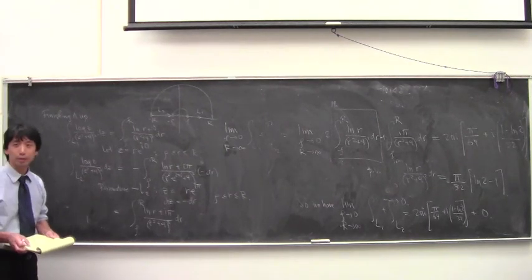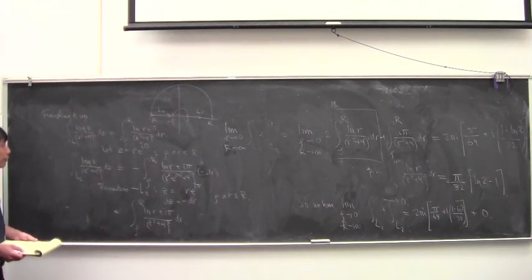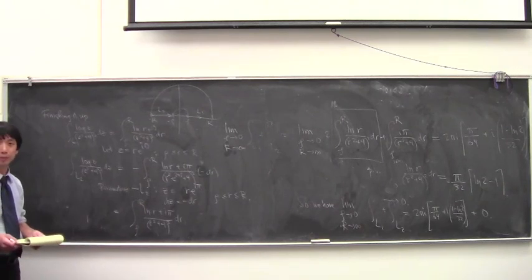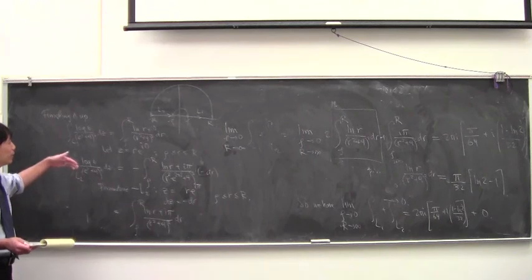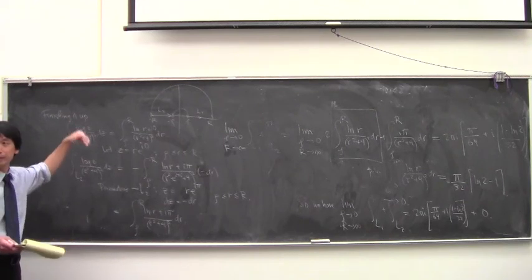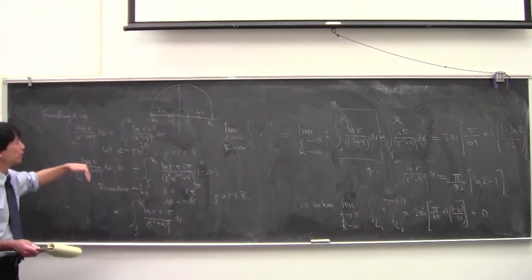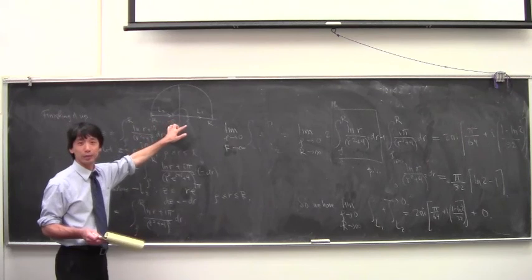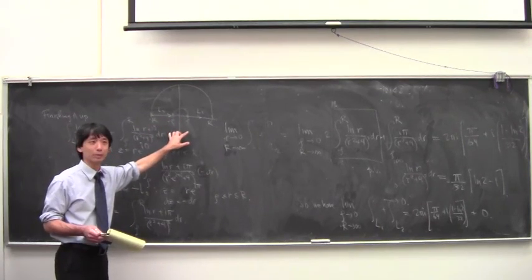So the trick is actually not all that different from the trick you played before. It's simply that we're taking this branch cut, and then we create the contour, and then we play exactly the same game as before.